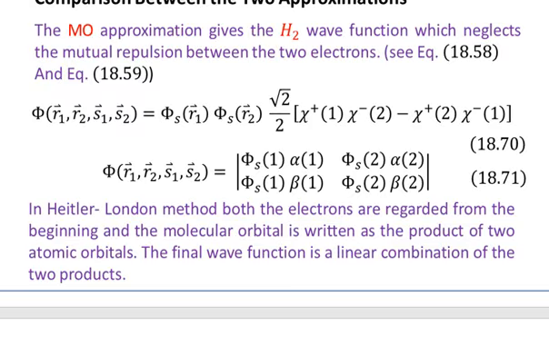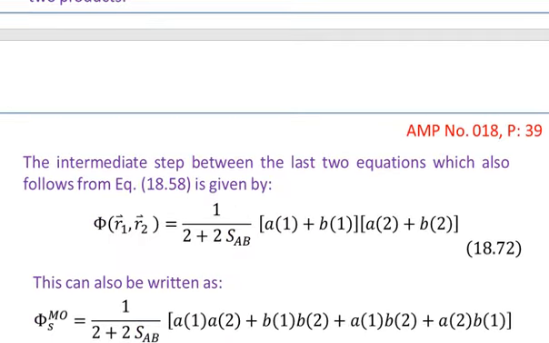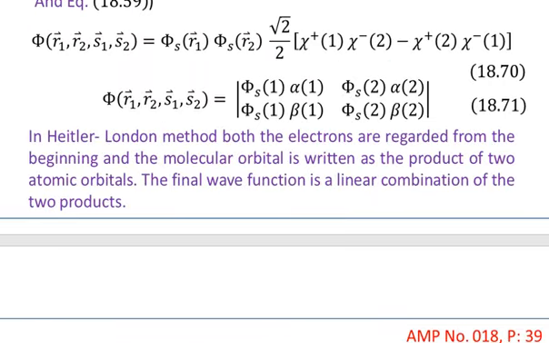So you see that we can write the wave function in this form: phi of r1 and r2 is equal to 1 over 2 plus 2 times S_AB, multiplied by the two square brackets containing a of 1 plus b of 1 and a of 2 plus b of 2. And this wave function has been discussed in equation number 58. This was actually giving you an intermediate point while you switch from equation number 70 to equation number 71.